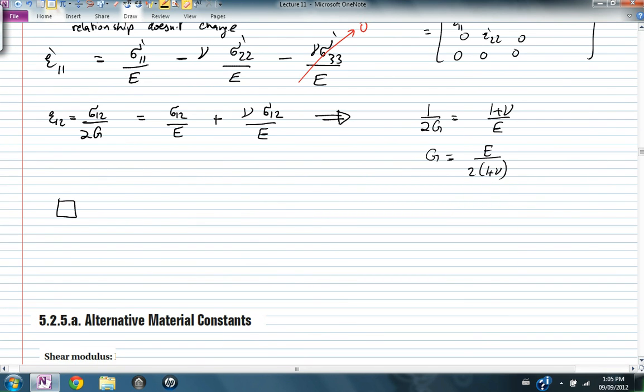We have a certain coordinate system. We have a relationship between sigma 1 2 and epsilon 1 2, from which we know that sigma 1 2 and epsilon 1 2 are related with G.